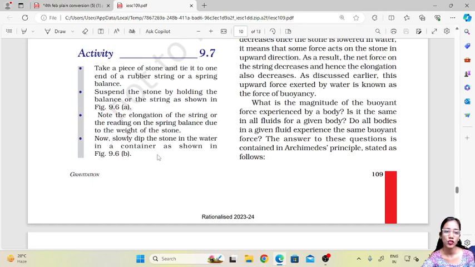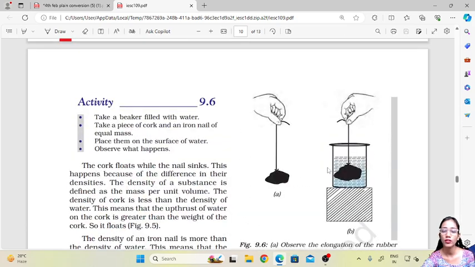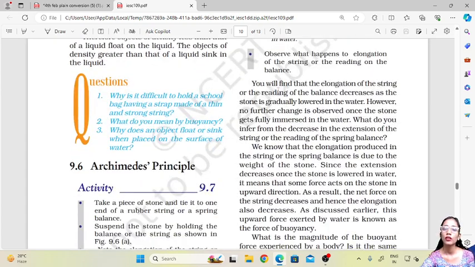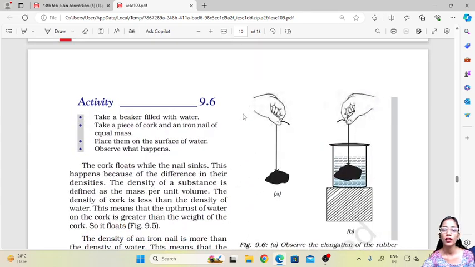In the second case, you have to slowly dip the stone in the water in a container and check whether the extension is the same in both cases. You will find that the elongation of the string or the reading of the balance decreases as the stone is gradually lowered in the water. So in the first case, we will see a larger extension, a larger elongation.